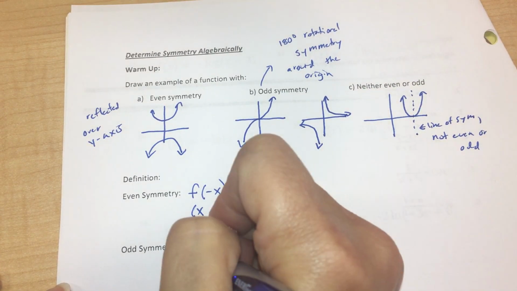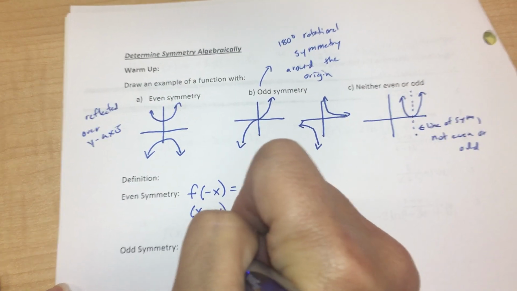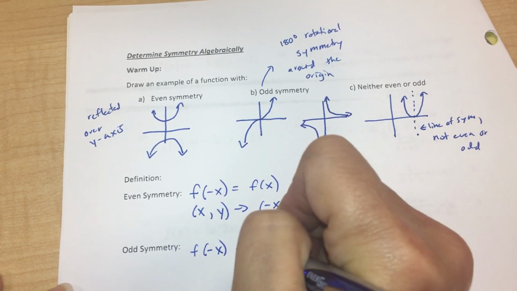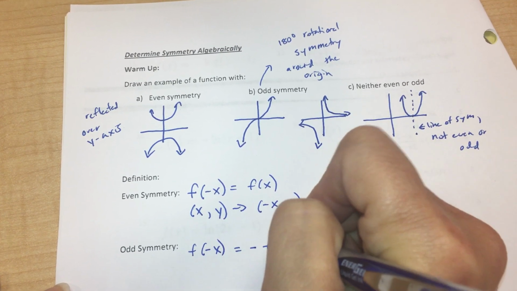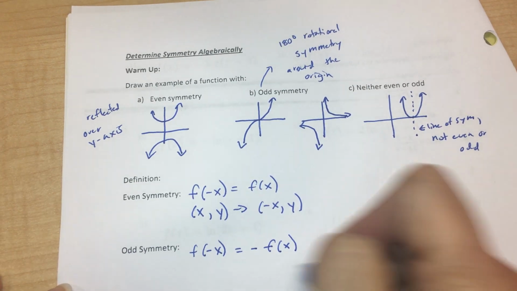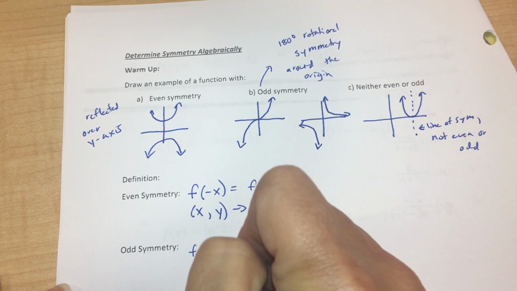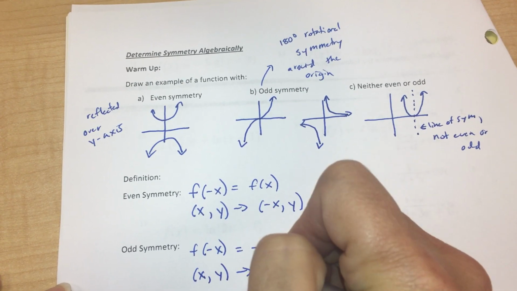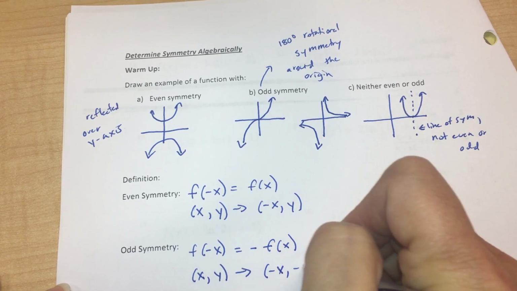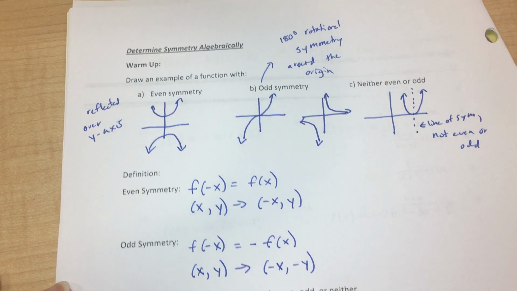For odd symmetry, if we put in negative x, we get back negative f of x. And when we did that graphically, when we had a point (x, y), it had a buddy point (negative x, negative y).